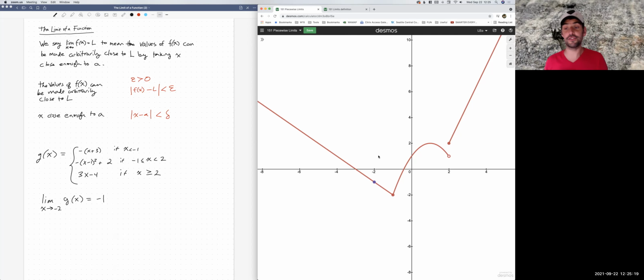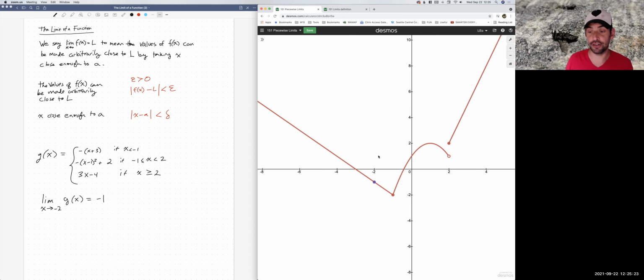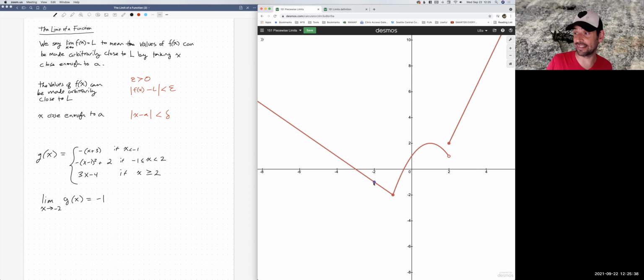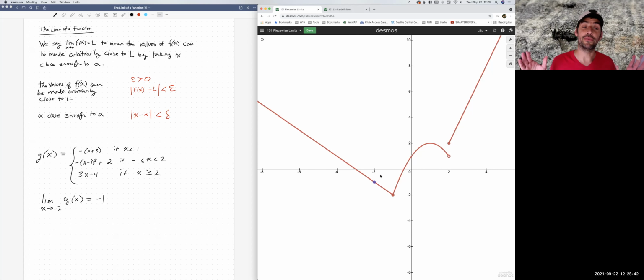So in the case of this graph here, and the point we just did, we were looking at what the function g did as we brought x closer to -2, and the function starts heading towards the value -1. In this case, it gets there, but it wasn't important that it got there. It was important that it stayed near that as the x values got closer and closer to it.